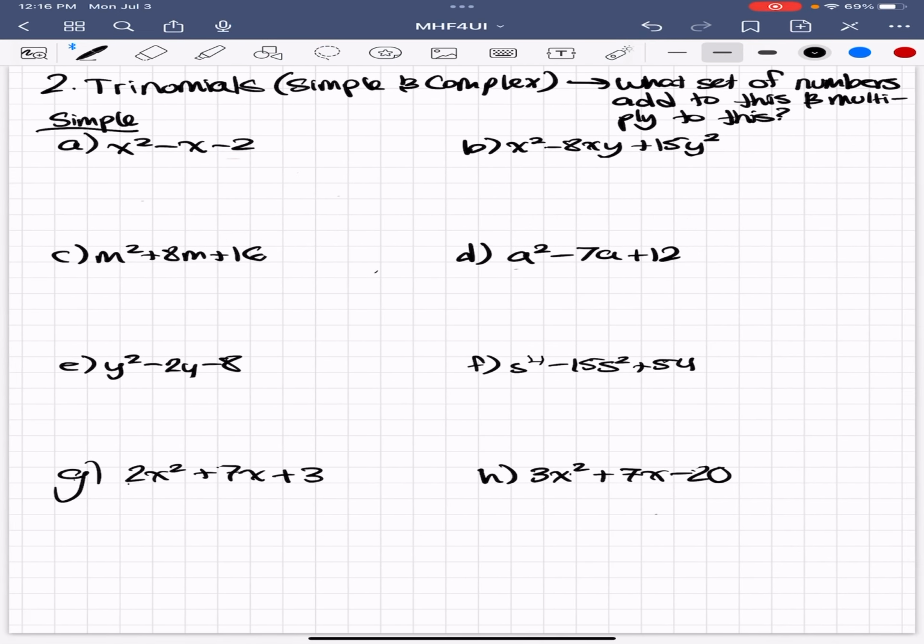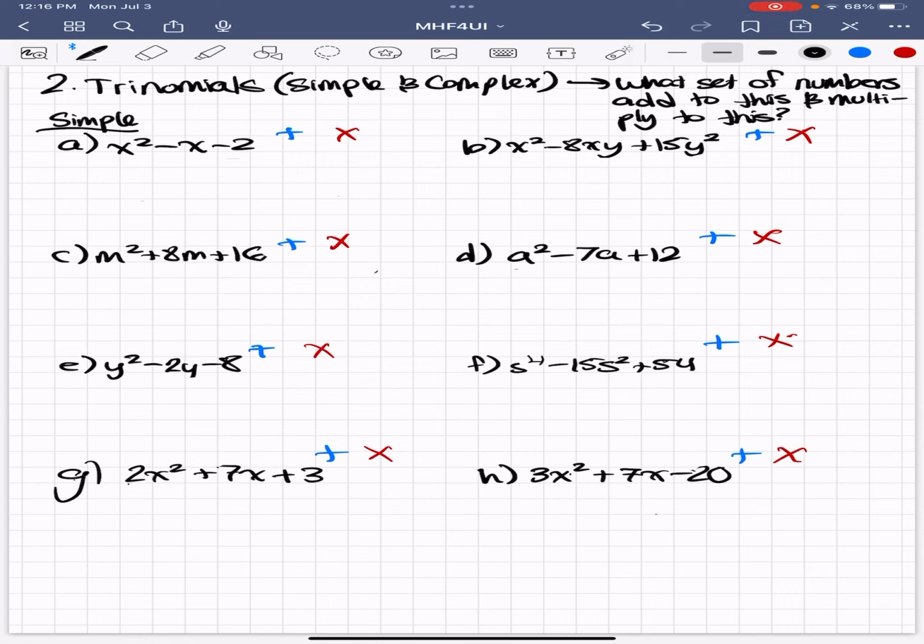Now we're on to trinomials. What set of numbers add to this and multiply to this? So that's the rule of thumb when you're working with trinomials.